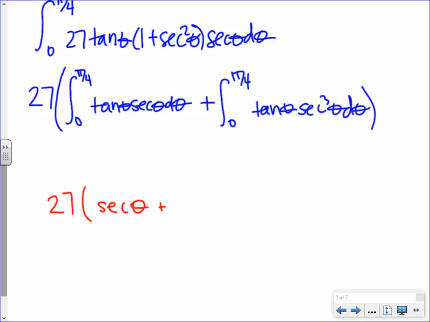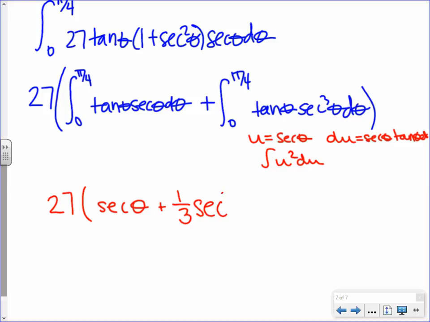Okay, then over here, we can let u equal secant theta, which means du is secant theta tangent theta d theta. And so this is essentially u squared du. Okay, we've done simple u substitution enough that we know that this is going to become 1/3 secant cubed theta.